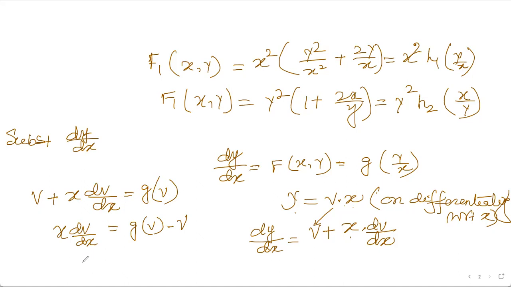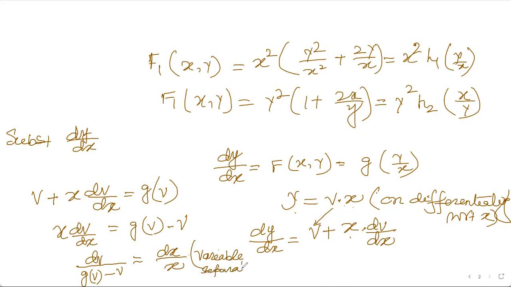I can say that I'm going to the first method here, that is variable separable. You can write any function in terms of v minus v. The variables got separated, and here it is dx upon x. This step is variable separation.